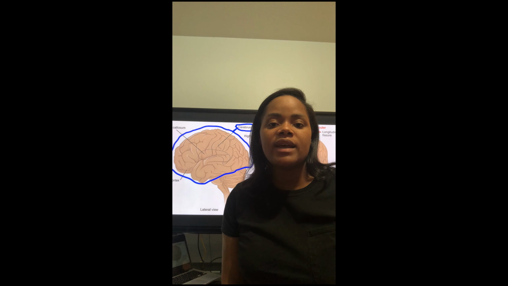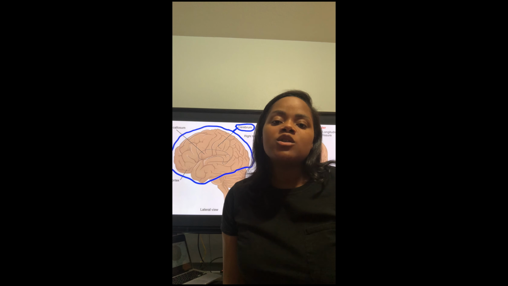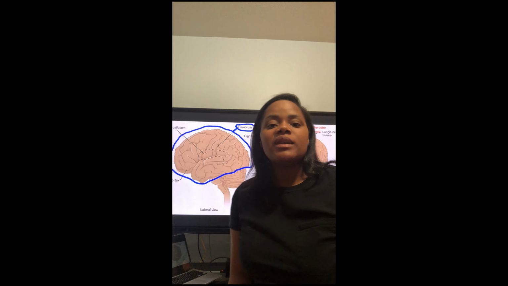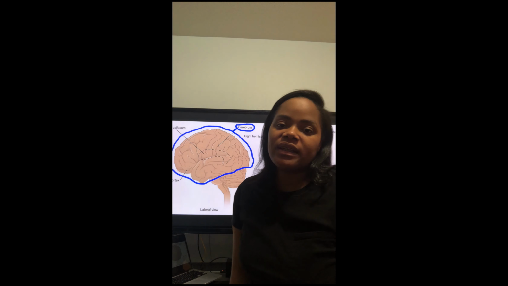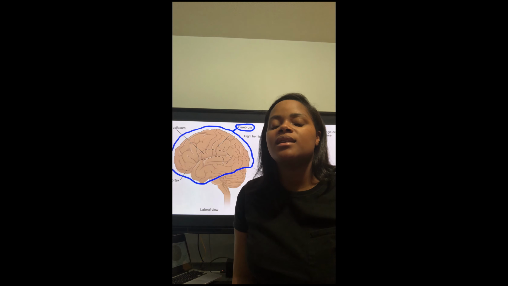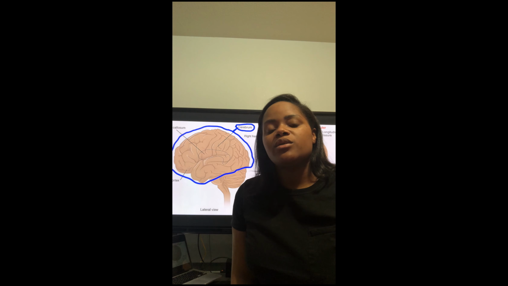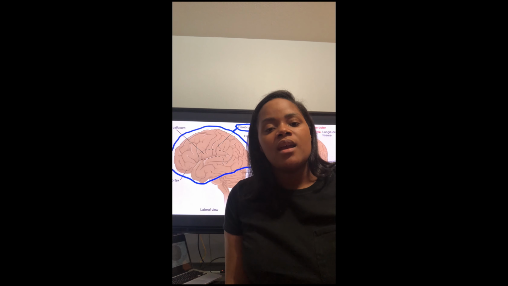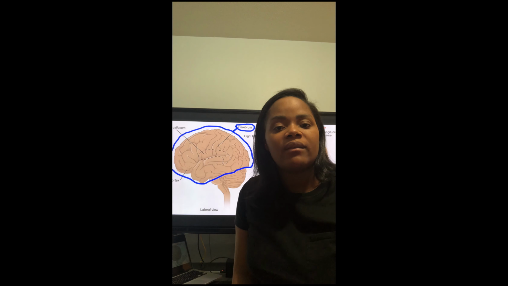The basal forebrain contains nuclei that are important in learning and memory. The limbic cortex is the region of the cerebral cortex that is a part of the limbic system, which is a collection of structures involved in emotion, memory, and behavior.